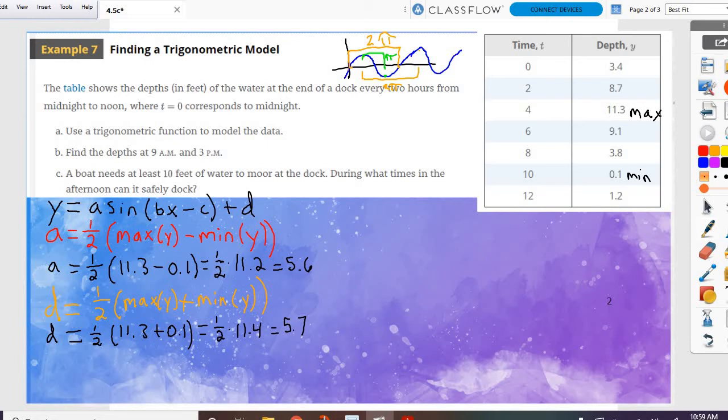So we know that half of the period has to equal the distance between our maximum and our minimum values. But we want to look at the corresponding x value, because notice when we're talking about the period now, we're talking about horizontally. So we don't want to use our y values, we want to use our x values.